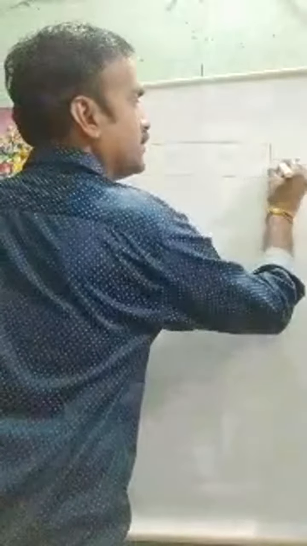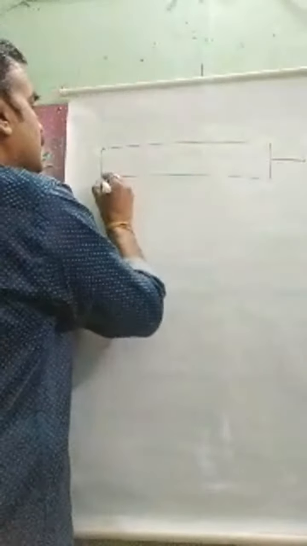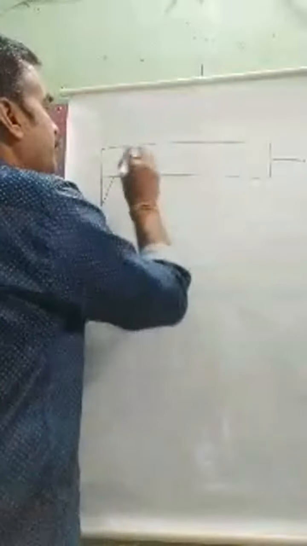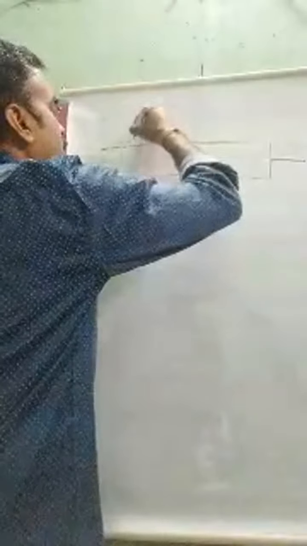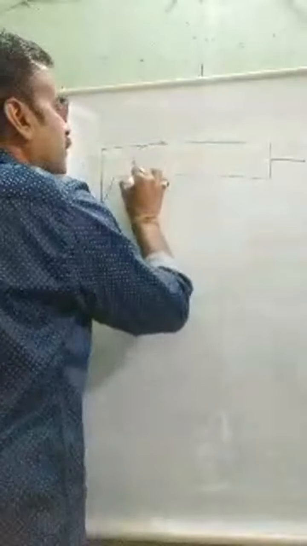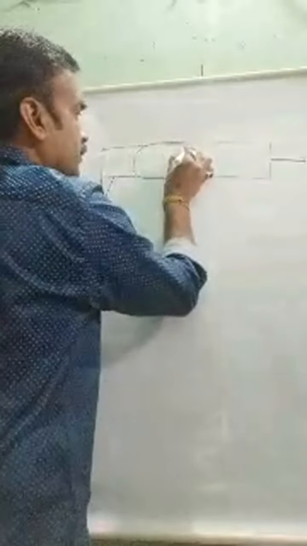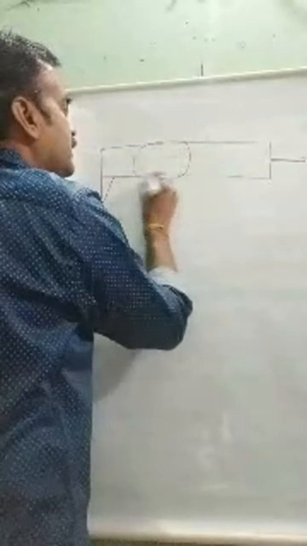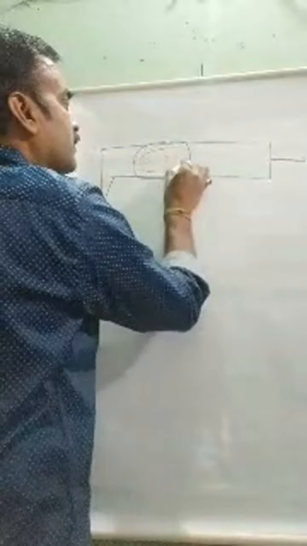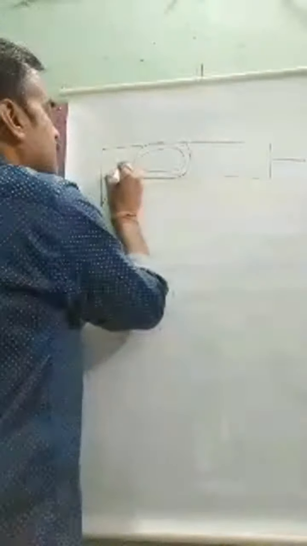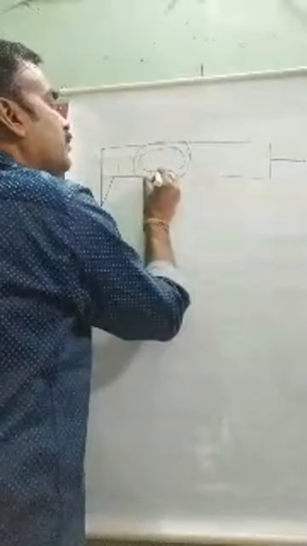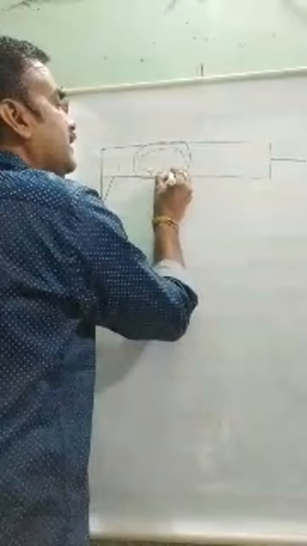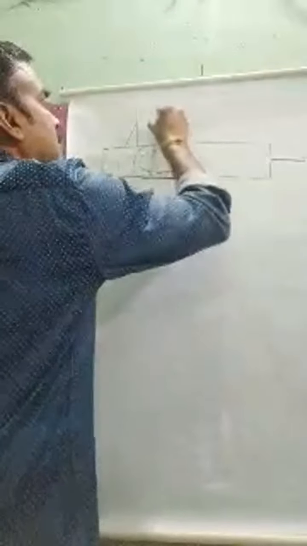This one is the tail. Main scale. There will be jaw. This one also there. This one also there. Here 10 divisions: 1, 2, 3, 4, 5, 6, 7, 8, 9, 10. Here also. And this one also, one jaw will be there.